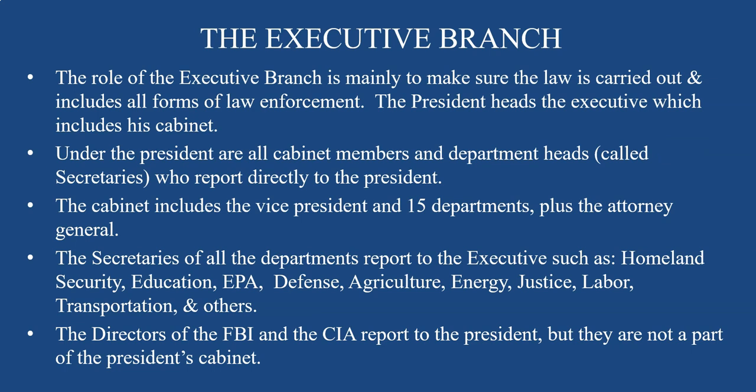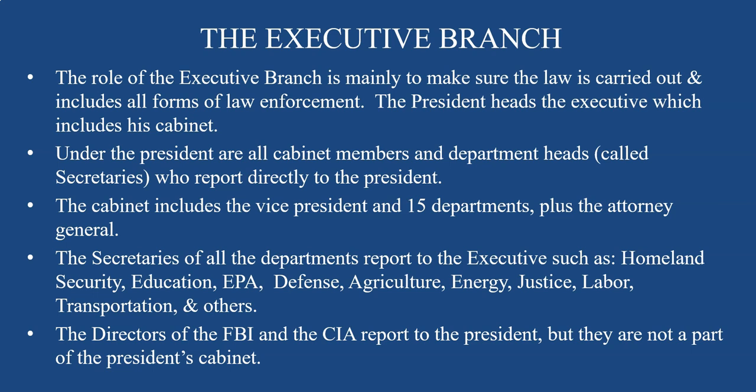The executive branch. The role of the president in this case is mainly to make sure that the law is carried out, and that includes all forms of law enforcement. The president heads the executive, which includes his cabinet. Under the president, all cabinet members and department heads, called the secretaries, report directly to the president. The cabinet includes the vice president and 15 departments, plus the attorney general.